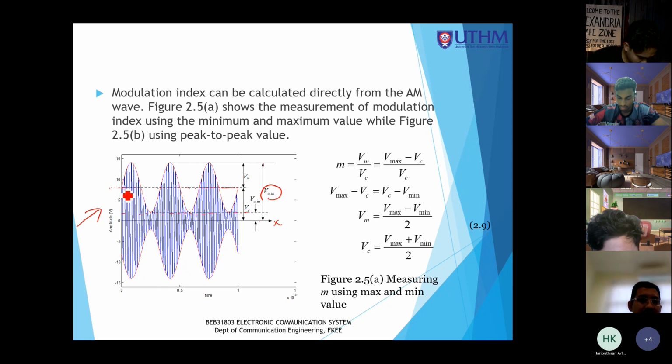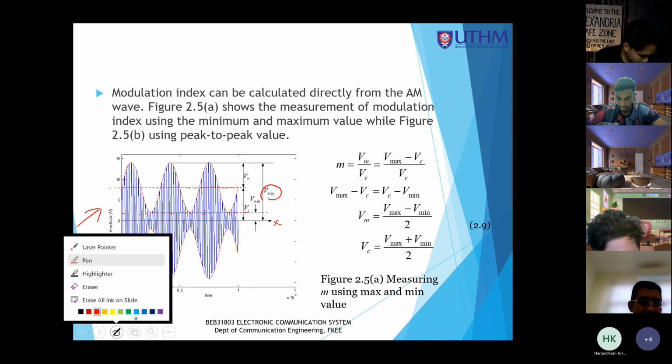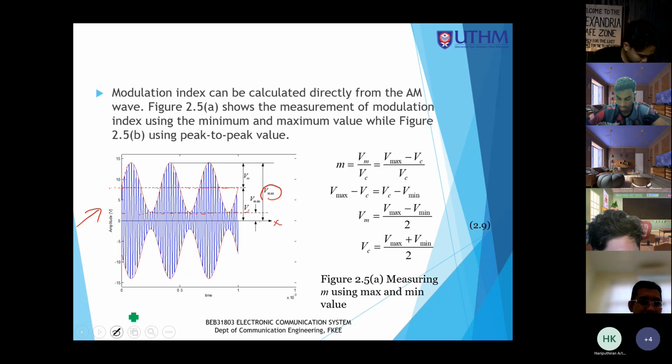Okay, you lihat VMT, saya buat warna lain. So this is VMT. Since this is a VMT, maka tinggi ini adalah VM, the peak. The peak is this one. VM dan bawah sini juga adalah VM.